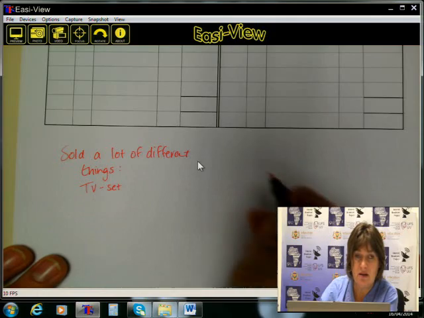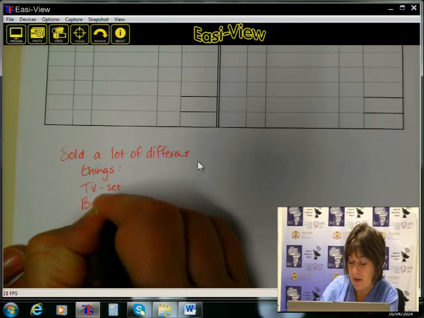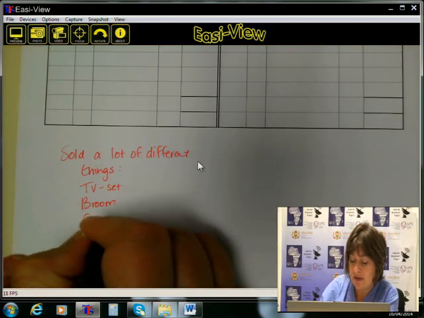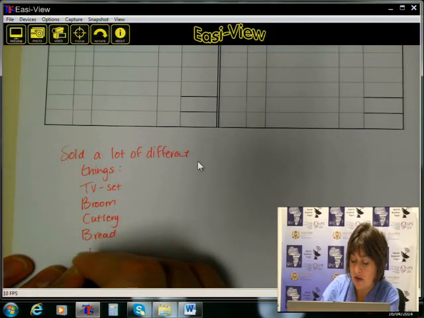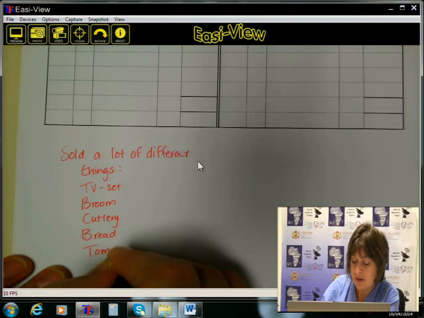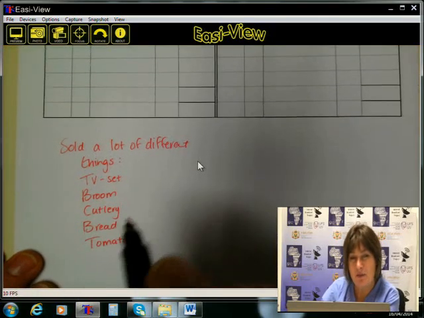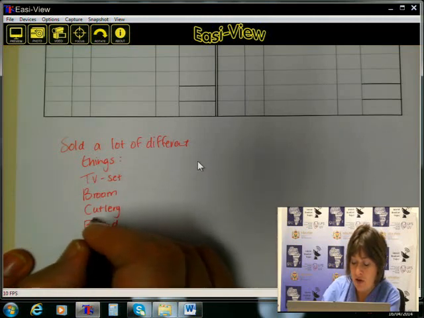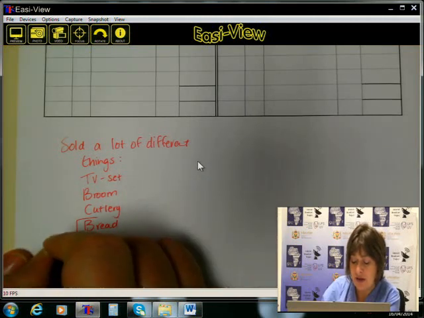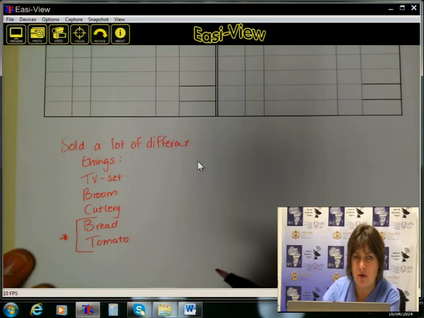You can sell a broom there. You can sell some cutlery there. And nowadays you can also sell a bread or a tomato. Can you see what happened here? There's no set profit markup, because on those two, which are necessities, you cannot add 40% profit.